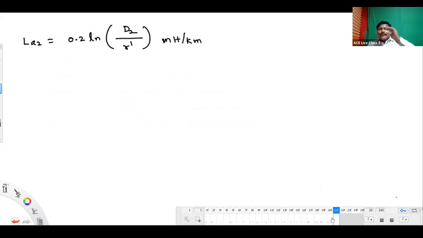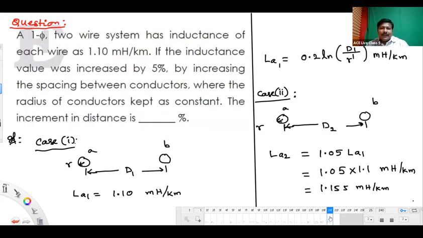Now, we already have the LA1 formula and the LA2 formula, and we have the LA1 number and LA2 number. And we have to find the relationship between D2 and D1. Okay, so let's take LA2 minus LA1. Thereby you get ln of D2 by R dash minus ln of D1 by R dash.